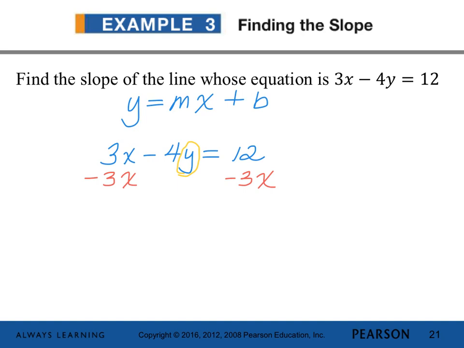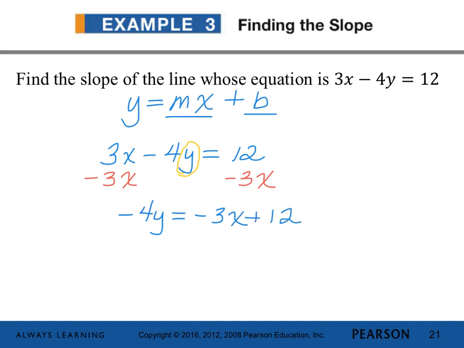That'll get rid of it on the left-hand side and leave us with -4 times y. And since we want the x term first and the value of b last, we're going to write the -3x first plus 12.